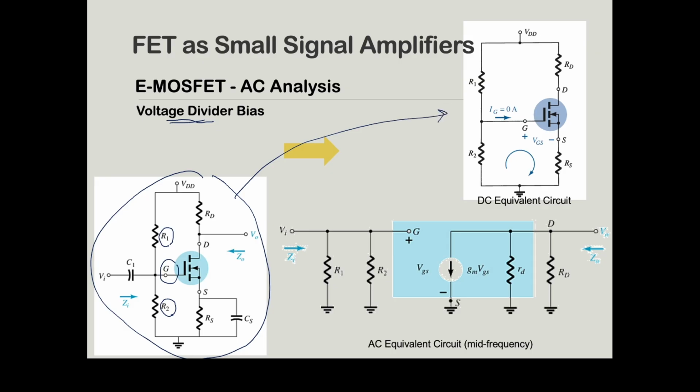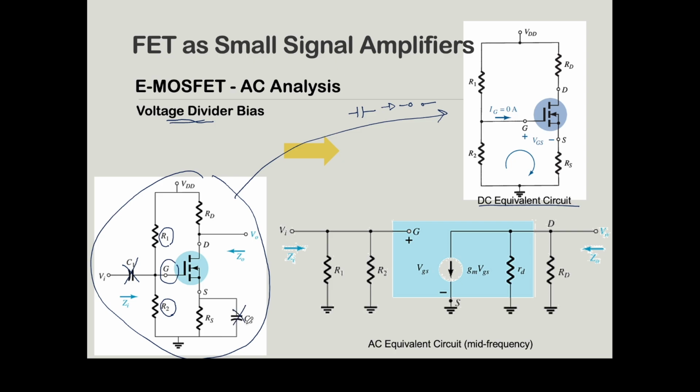In the DC equivalent circuit, all the capacitors will become open circuit, so the capacitors will be removed.